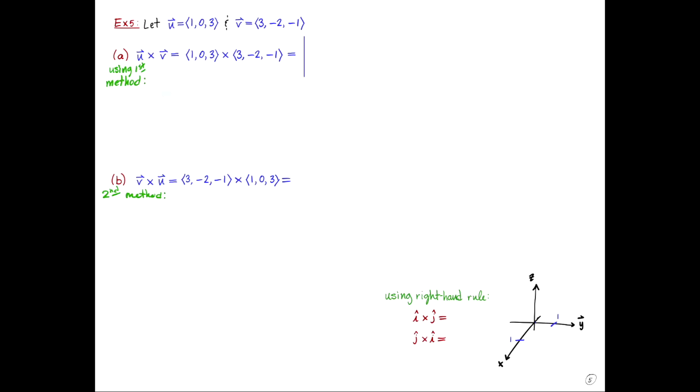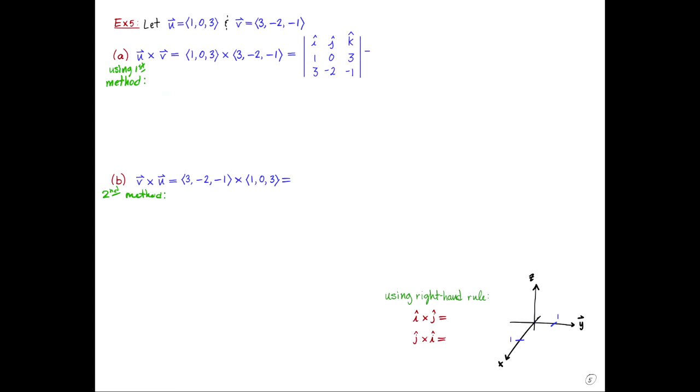The top row will always be i, j, k. The second row will always be whichever vector comes first in the order of the cross product. So we want to copy down u equal to 1, 0, 3. The bottom line of our matrix will be the remaining vector, 3, negative 2, negative 1.